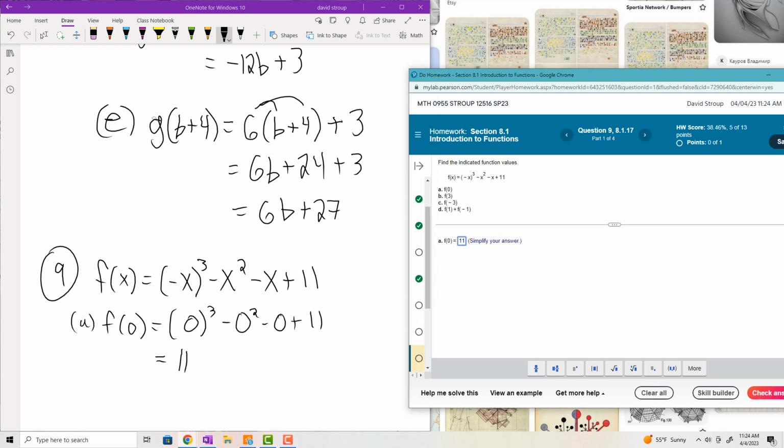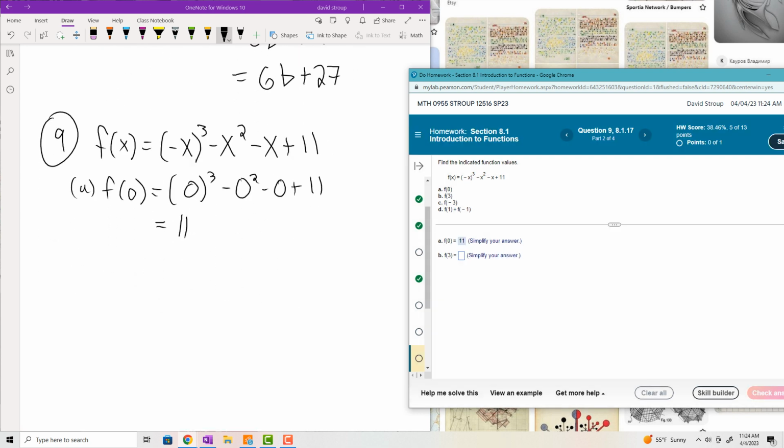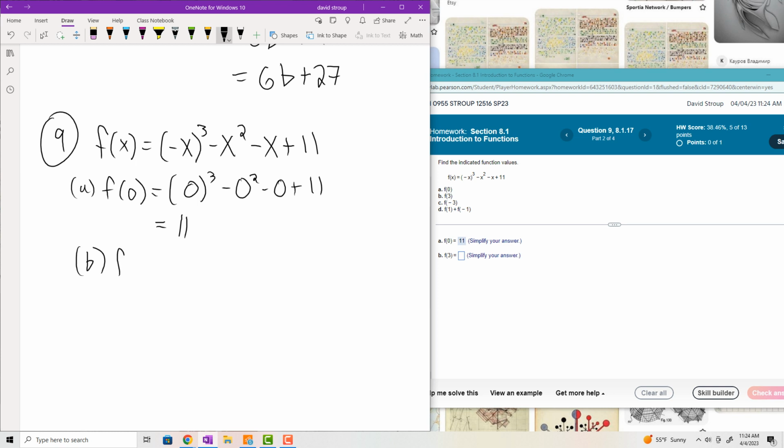Plop in 11. Check answer. Try 3. So part B, f of 3. That's going to equal negative 3 cubed minus 3 squared minus 3 plus 11. So you're doing PEMDAS here, whether you know it or not. Negative 3 cubed is negative 3 times negative 3 times negative 3.